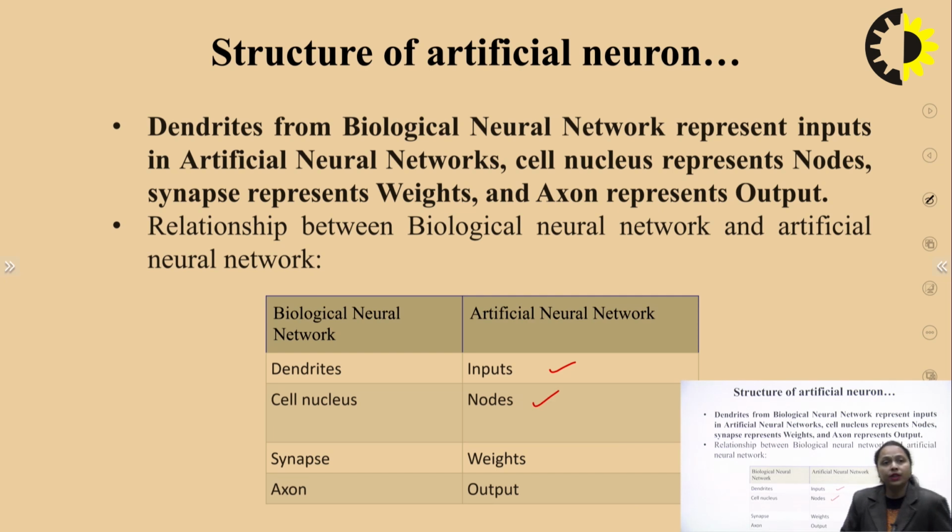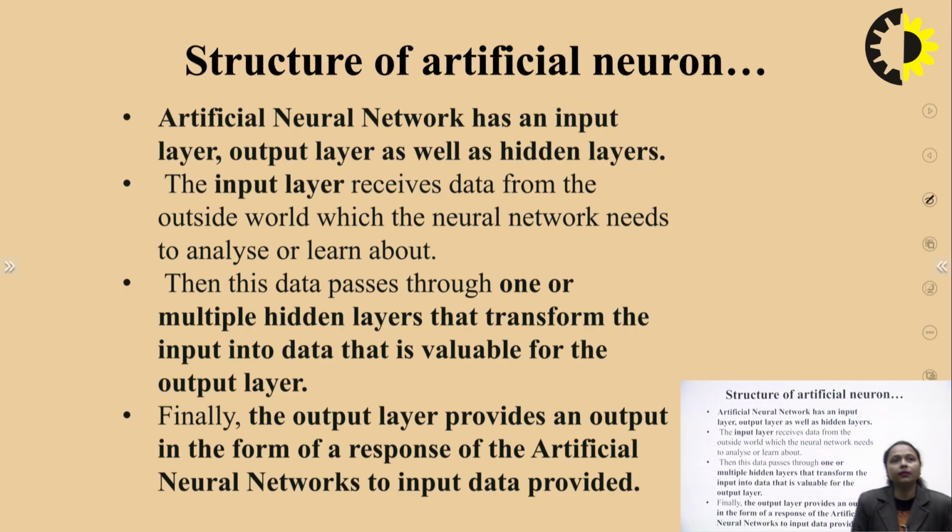The synapse, which is responsible for connecting other neurons, is the weights, and the axon, which behaves like a bridge from one neuron to another, is the output, because whatever information is processed by one neuron and transferred to another becomes the output for the first neuron and input for the other one. So all these are the terms which we are going to discuss as per the ANN. Now, what is the structure of ANN?